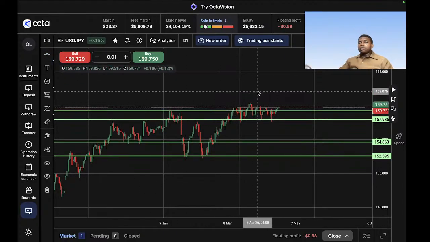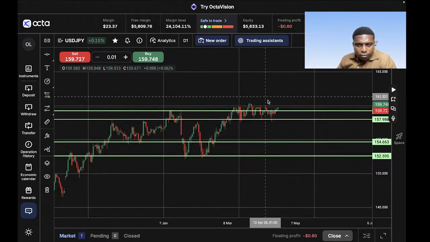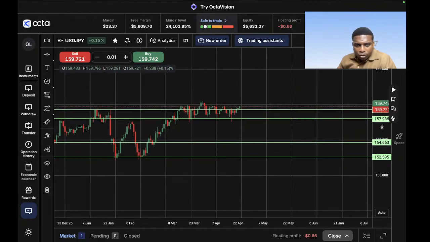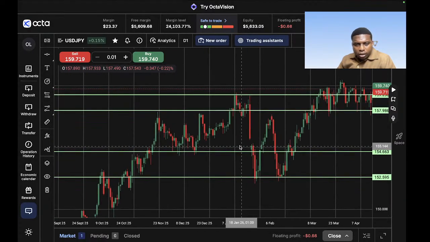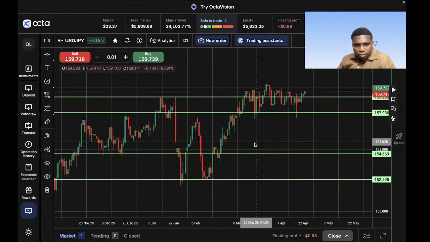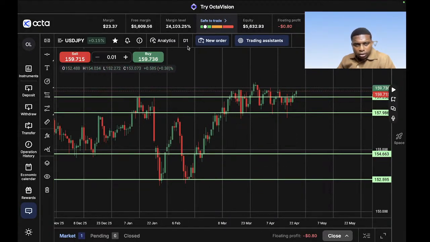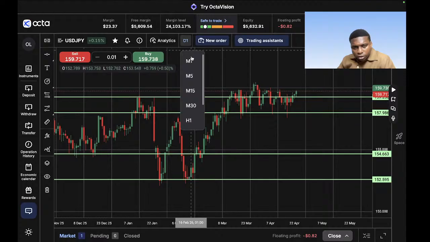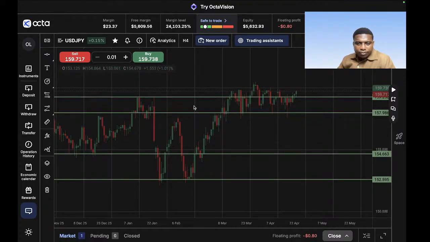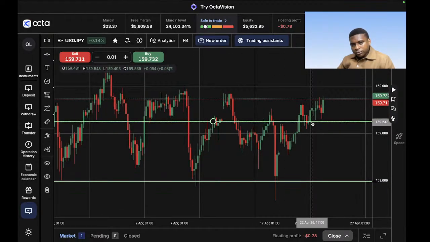All right, so here is USD JPY, and then let's explore it. So you can see after mapping out levels of support and resistance, let's go down to the 4 hours time frame.